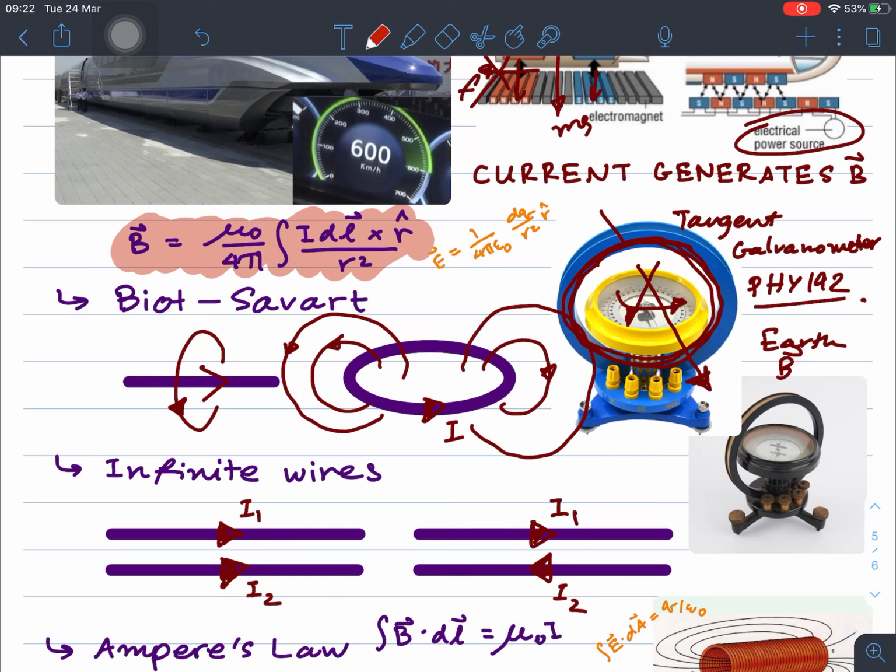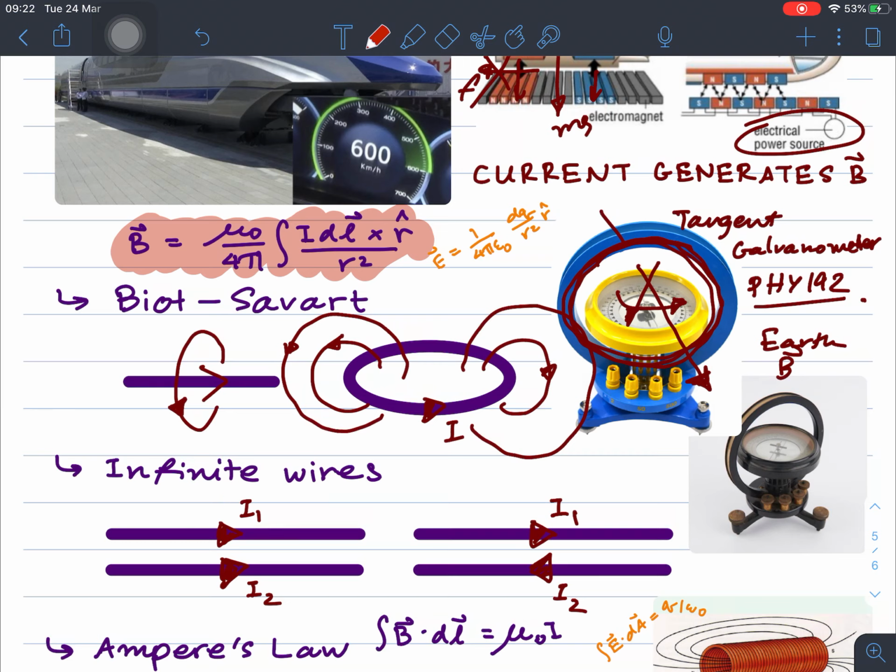We are going to prove that for I1 and I2 going in the same direction in parallel, there will be forces on I1 that come from the magnetic field of I2.